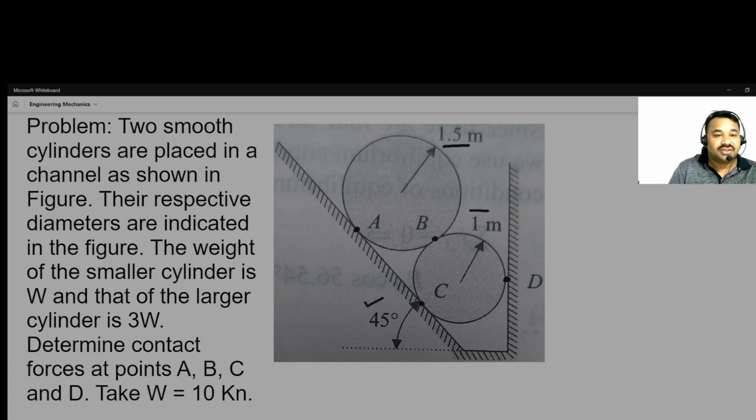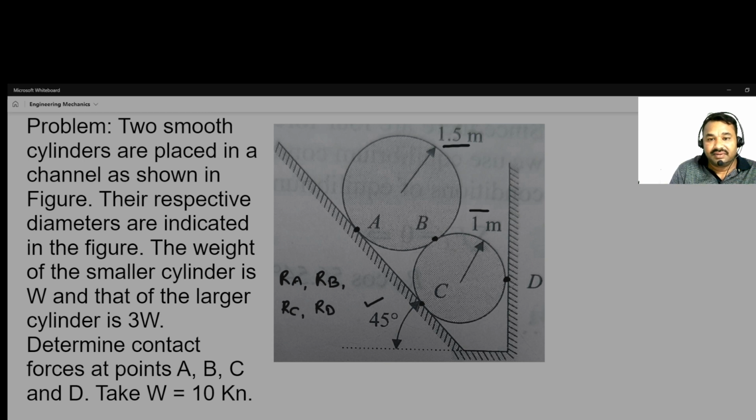So in this question we have to find out the contact reactions, meaning RA, RB, RC, RD, nothing else.